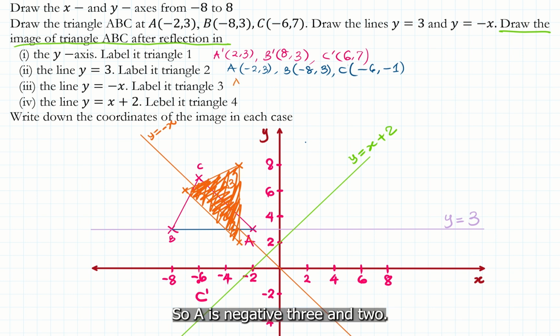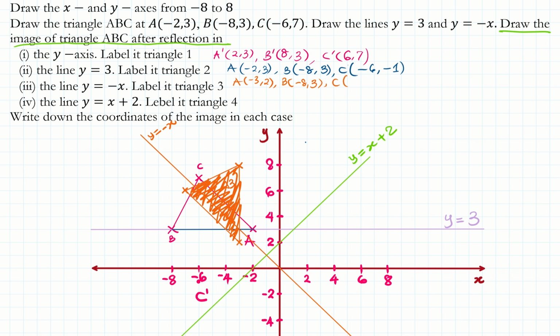So A is -3, 2. And then let's look at B. B is -8, 3. And then C, that's the one here, will be -7, 6.